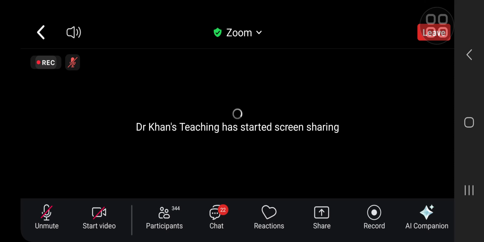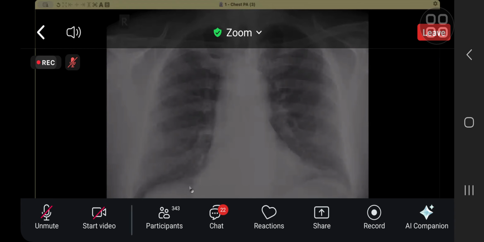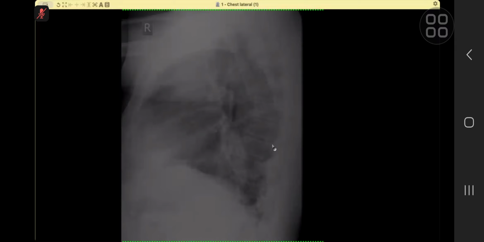It was a simple case, but the thought process is what was needed here. So if you see here, this is the opacity. You can see this is the opacity, which was well described by the candidate. And this is where it is.